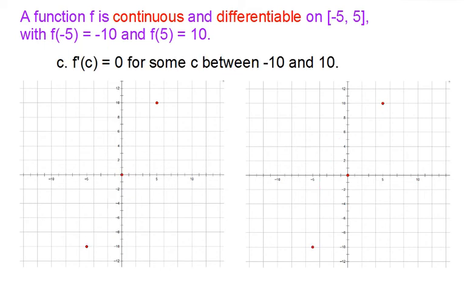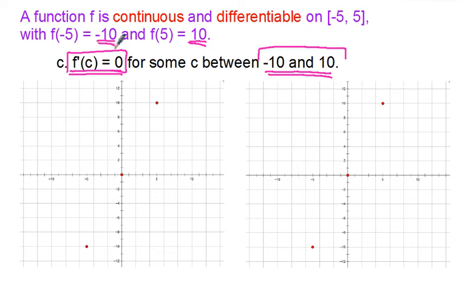Part C. Do we know for sure that f prime of c is 0 for some c value between negative 10 and 10? Let's remember this means the graph has a horizontal tangent. One thing that should strike you as odd is that they've presented as inputs the values which are actually outputs.